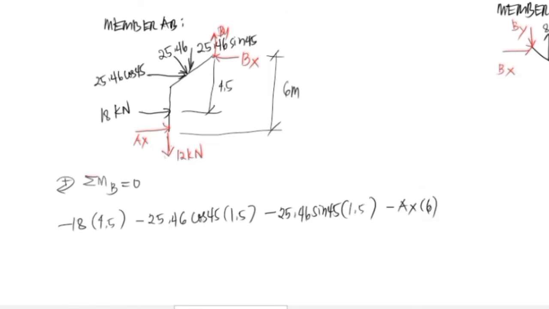12 kilonewton will create a counterclockwise rotation. So that is negative 12 multiplied by the distance of 3 meters.